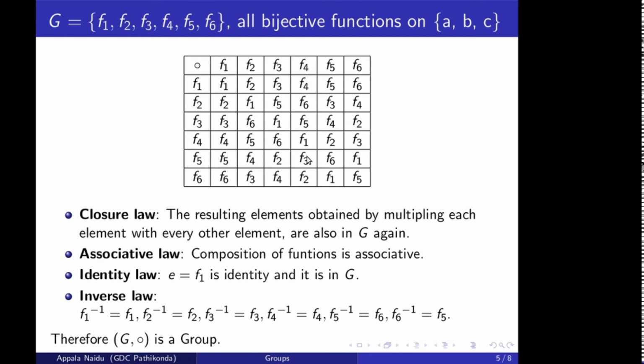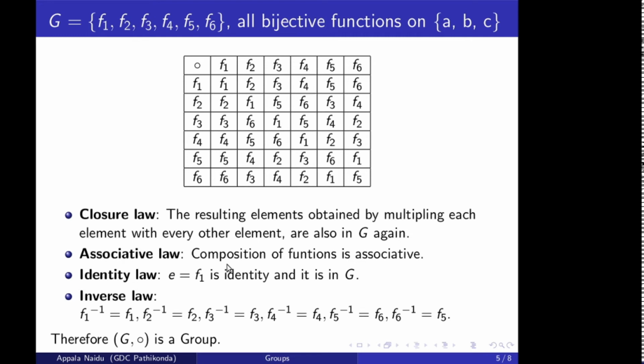So elements in the composition table are again in G. So that is closure law. If you take any two elements in the set, if you take composition, that is again belonging to G. So that is closure law.